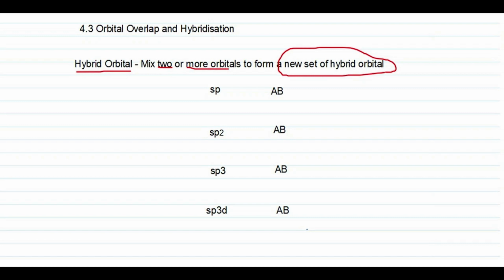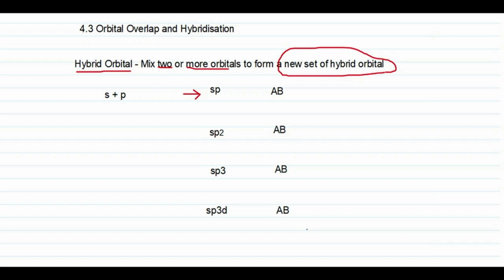So let's say you want to produce sp hybrid orbital here. You need to mix one s orbital with one p orbital, and this will produce sp orbital. But how many of them will be produced? In order to visualize this, I think the best idea is to use an analogy.